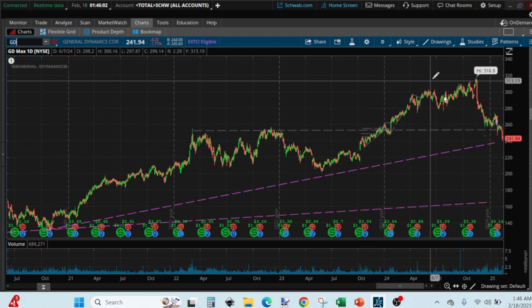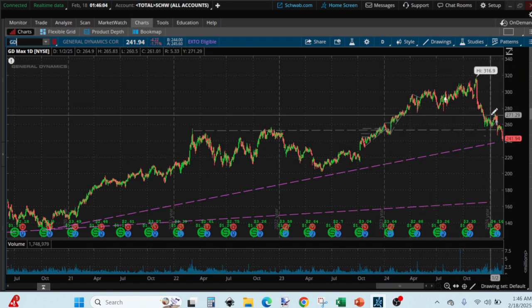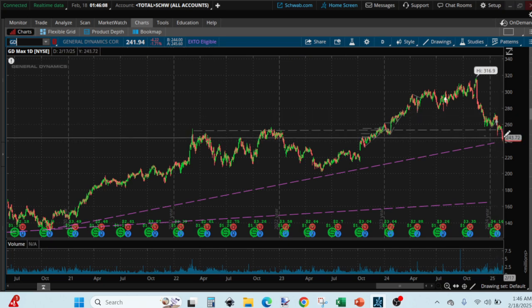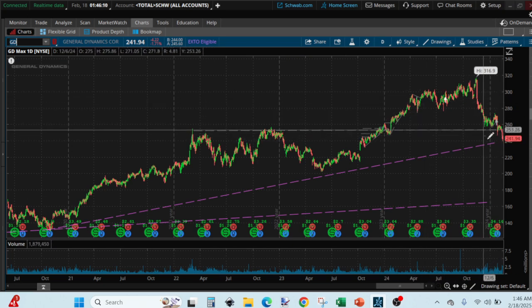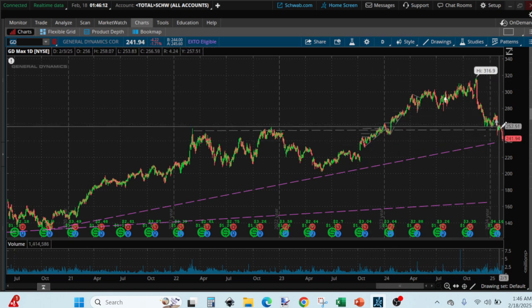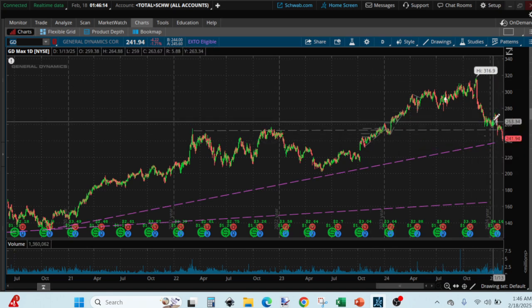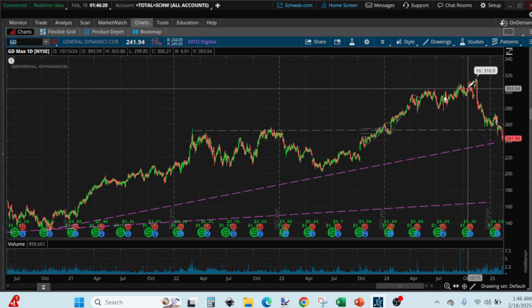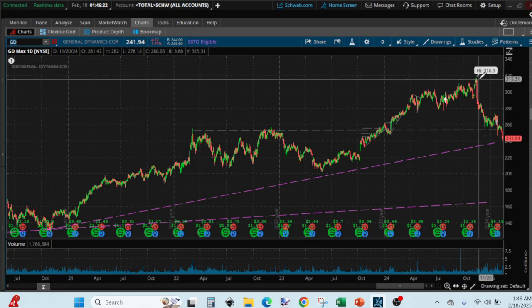By looking at GD, we notice that it's going down, not just that 1 day price bar, because as a daily chart, every single price bar is a daily bar reflecting the daily fluctuation of the price. Not just that 1 day bar, but from the last high it is going down.